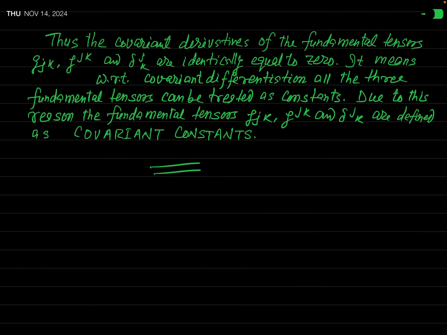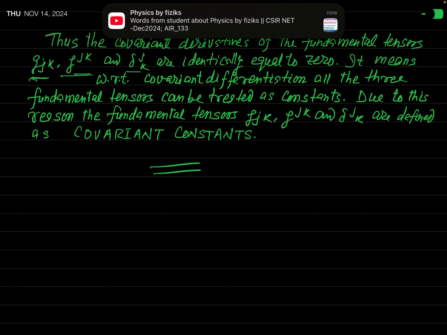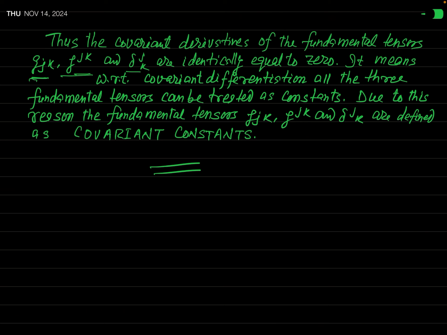So this is a very remarkable fact, and finally you can say that the covariant derivatives of the covariant fundamental tensor g_jk, the contravariant fundamental tensor g^jk, and the mixed fundamental tensor delta jk are all 0.